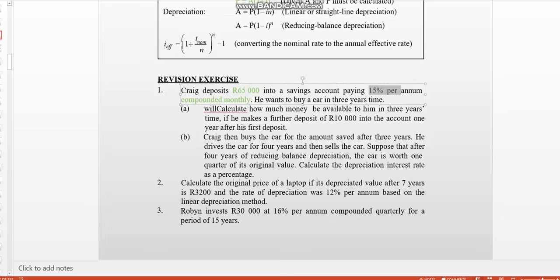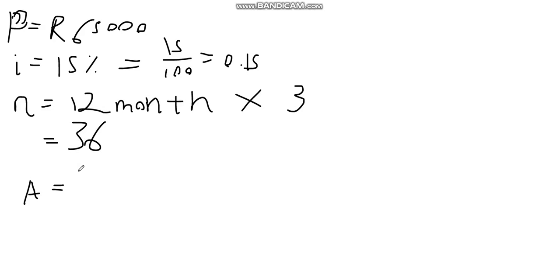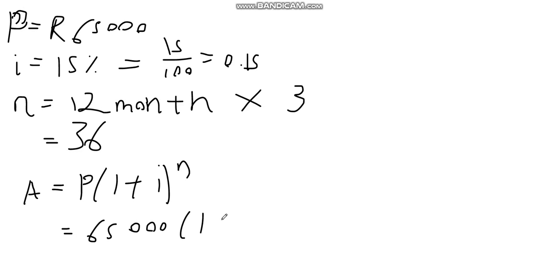So guys, in these questions you will be given clues, so look out for clues like compounded monthly and other things there. Those are your key clues. So the word compound there means we are supposed to use the compound formula. So it's going to be A equals P times (1 plus i) to the power of n, right? Then our P is going to be 65,000, times 1 plus our interest rate.